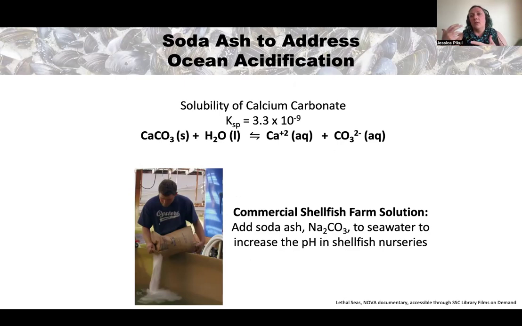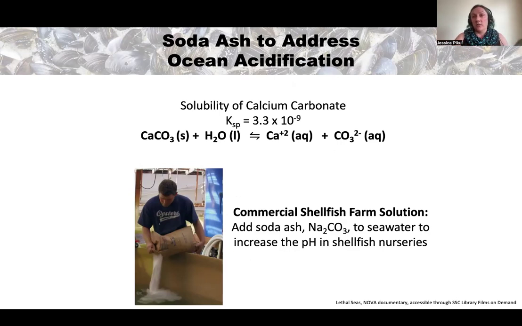And so the water that's coming in from the Puget Sound is too acidic for these shellfish to develop, and so they have a very low chance of actually making it to adulthood. So what Taylor Shellfish does is they actually add soda ash into the shellfish nursery seawater.